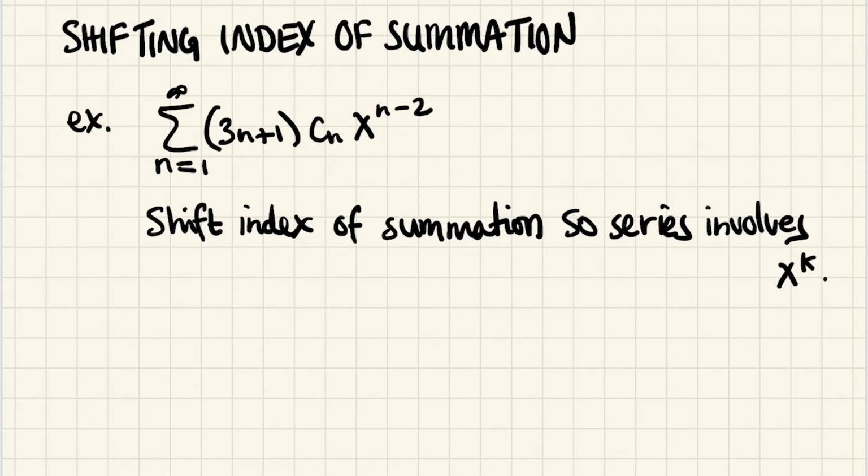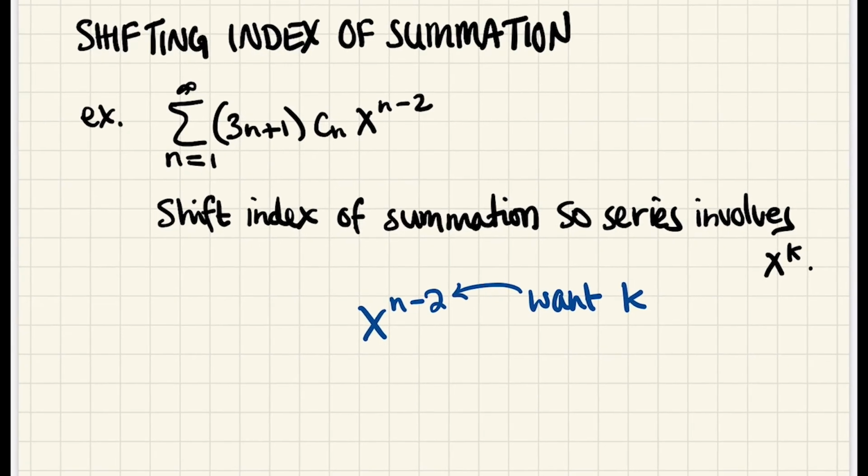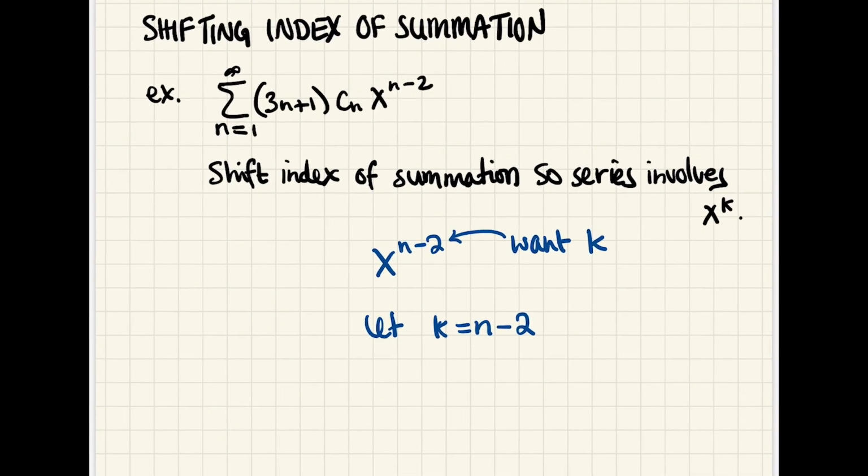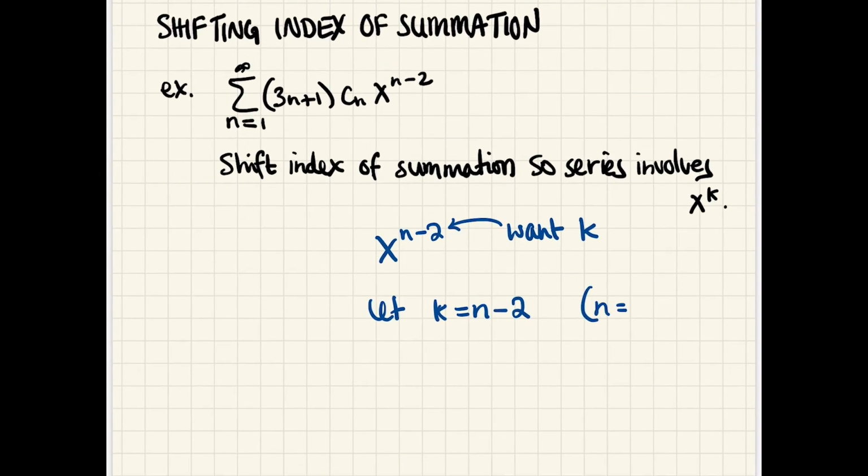But this means that all the n's in the series are going to be instead some version of k, including the first index of the series. So the way we look at this is we see that x to the n minus 2, what we want is we want this to be k. So we're going to let k equal n minus 2. And it may help to write n as k plus 2 if needed.